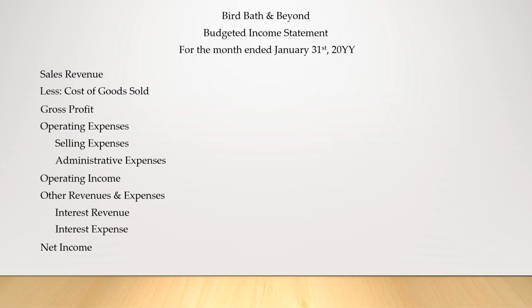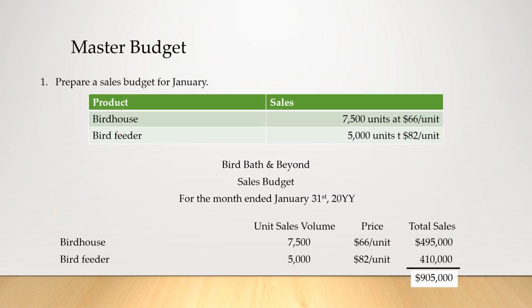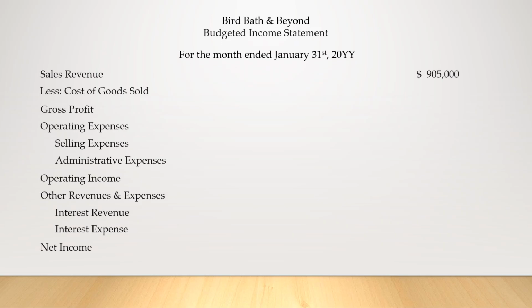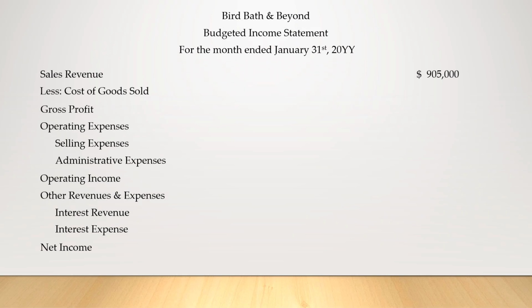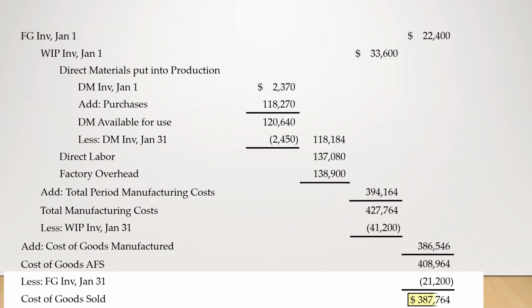Starting with sales revenue, that information was calculated in the sales budget. $905,000. We also already figured the cost of goods sold from its respective budget. $387,764.